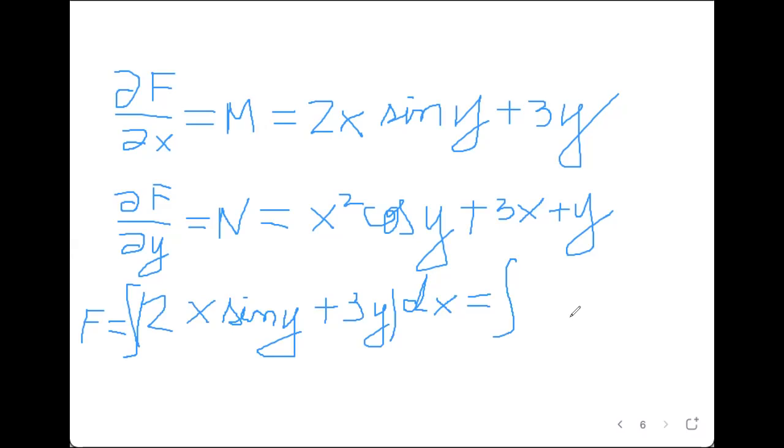x squared sine y plus 3y. Thanks. So let's erase the integral sign here. So it's x squared sine y, plus 3xy.